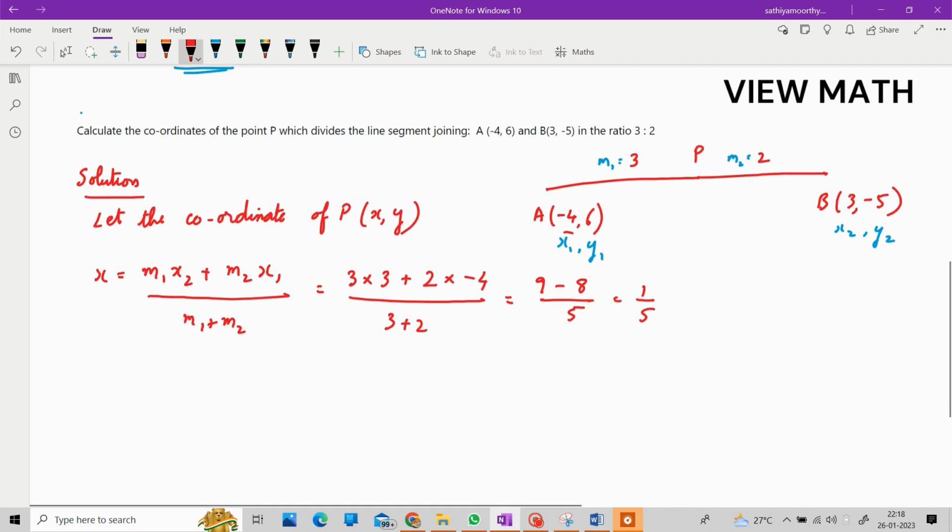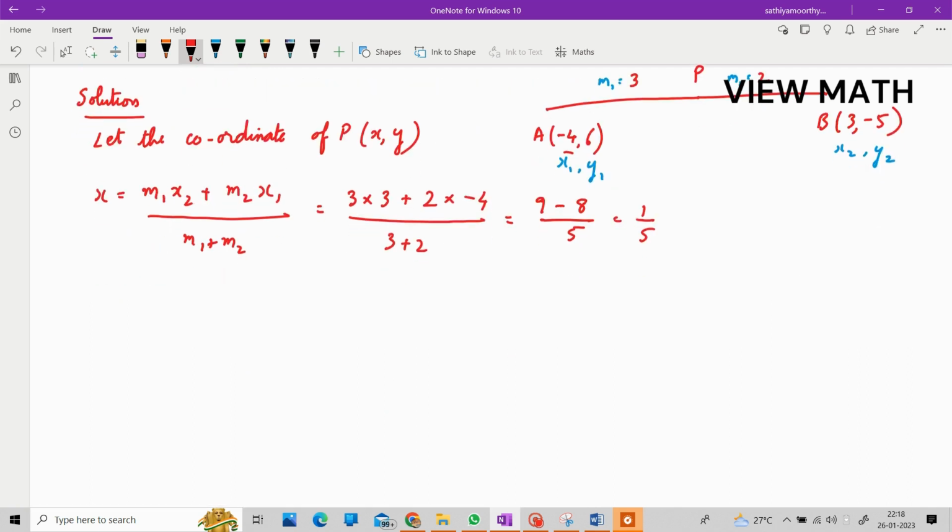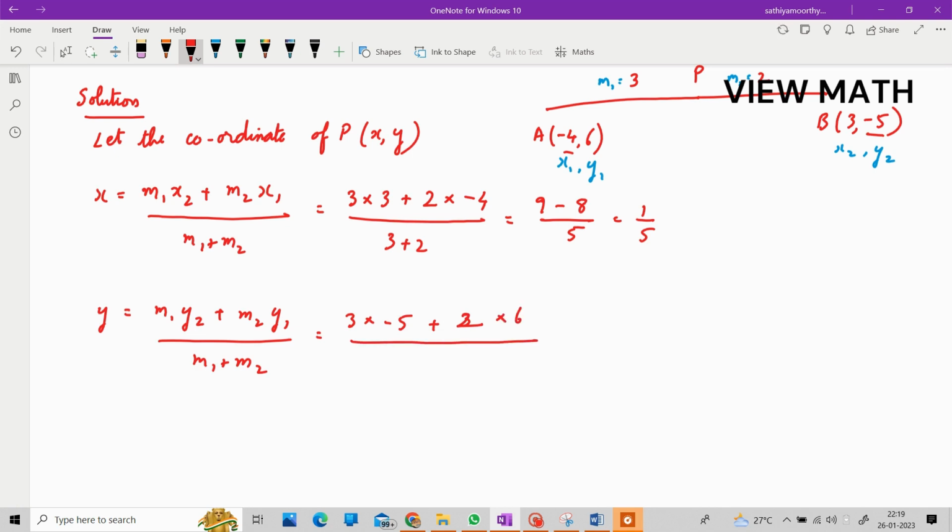So coming to the y coordinate, y is equal to (m1 y2 plus m2 y1) by (m1 plus m2). This is equal to m1 is 3, y2 is minus 5, plus m2 is 2 into y1 is 6, divided by m1 plus m2, so 3 plus 2.